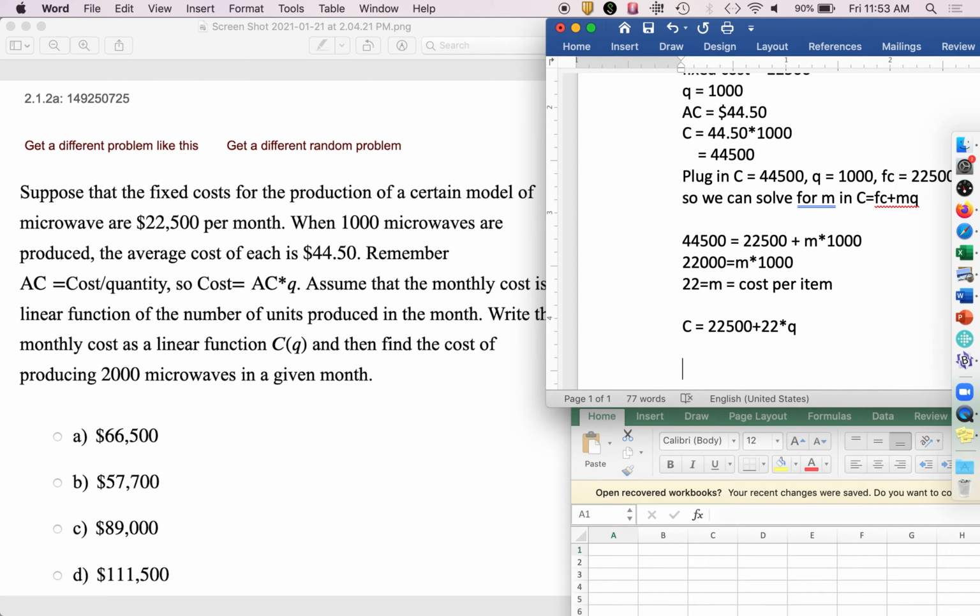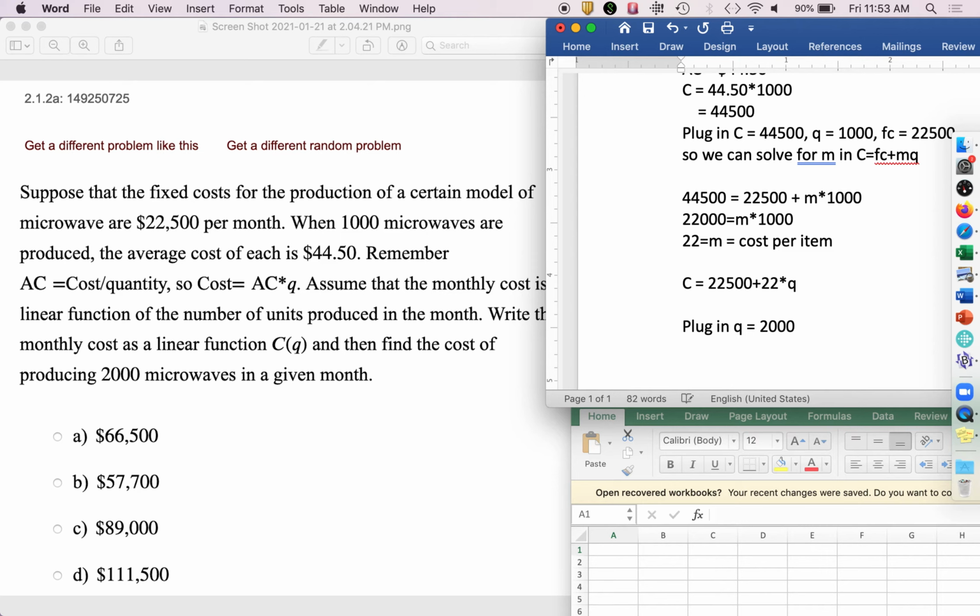So now we're going to plug in 2,000. So C is going to equal 22,500 plus 22 times 2,000.